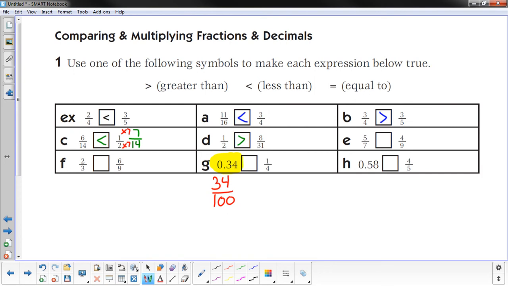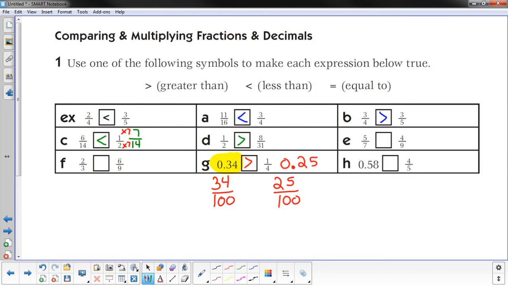It's equivalent. 1/4, if you remember your fourths, that's the same as 25 hundredths. That's an equivalent fraction. Well, which one's larger, the 34 or the 25? The 34 is. So 34 hundredths is greater than 1/4.